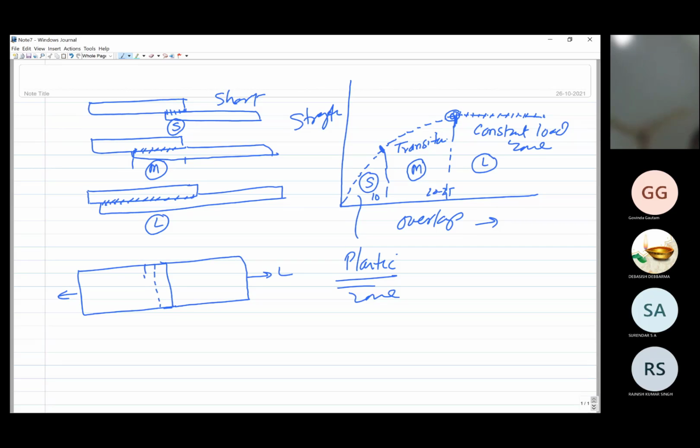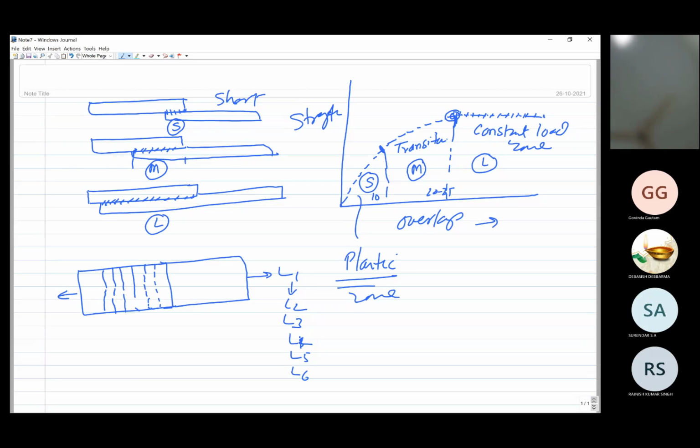When you increase the overlap, L1 will change to L2, then L3, like this. So overlap length is increasing, and your load will also keep on increasing, L3, L4, L5, like this. You keep on increasing the overlap length, your load will keep on increasing. This is very simple, this is not going to stop.